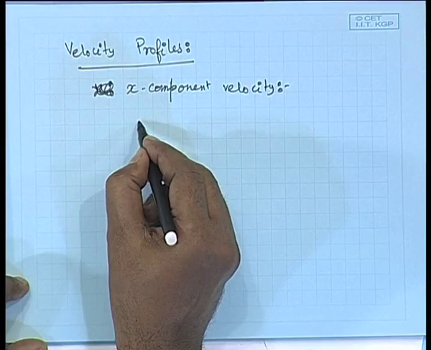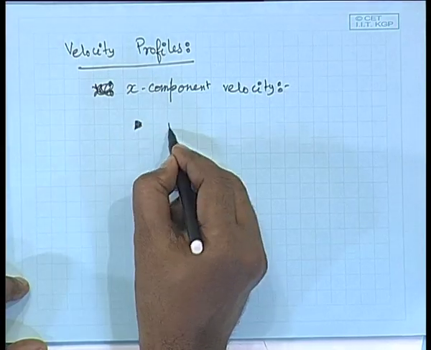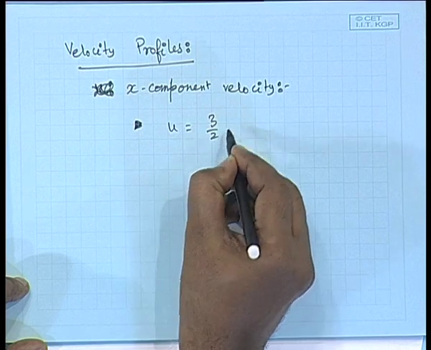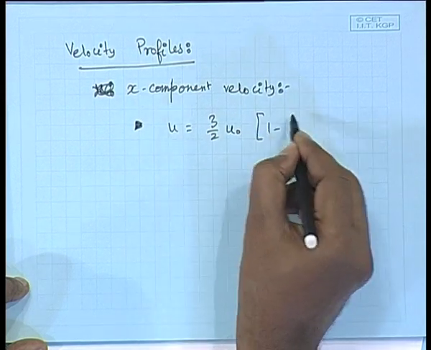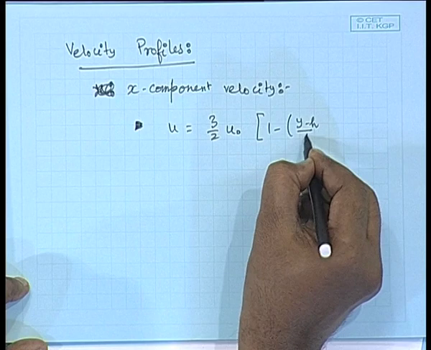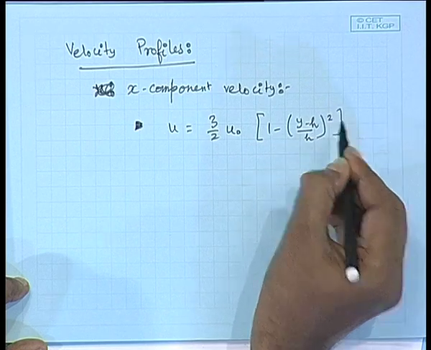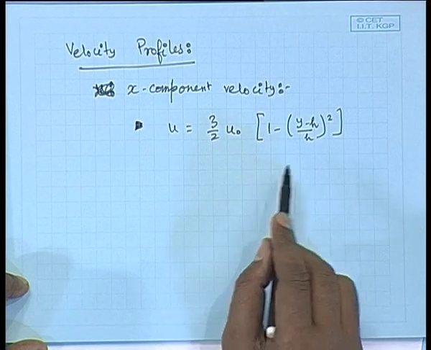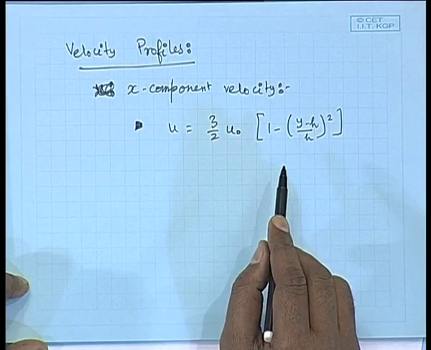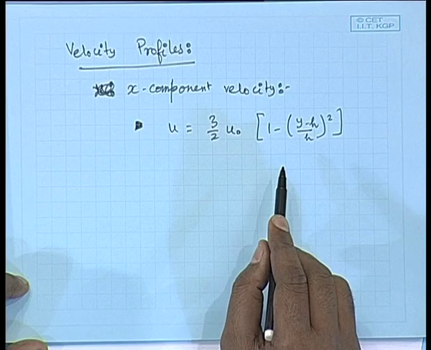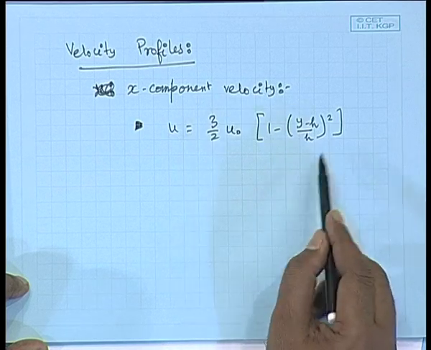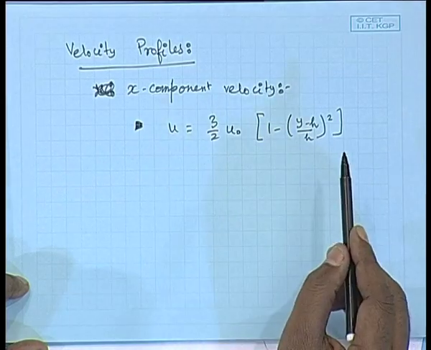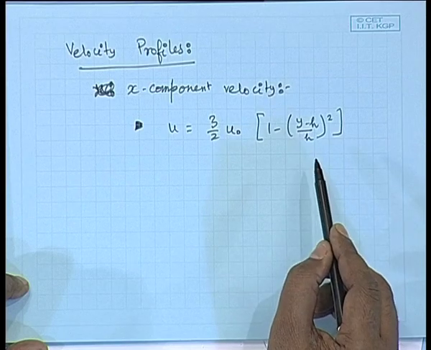So, the parabolic profile that is existing here is u equal to 3 by 2 u naught times 1 minus y minus h by h whole square. That is the corresponding parabolic velocity profile that will be existing under the laminar flow condition within a rectangular channel. The counterpart of this in a tube is 1 minus r square by R square.